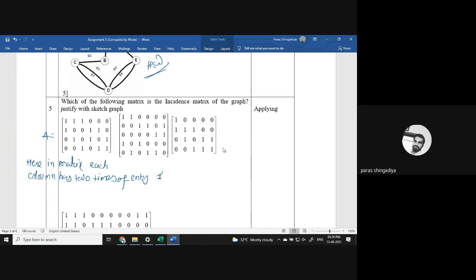So what does it mean? It is an incidence matrix. Okay, that is the verification.